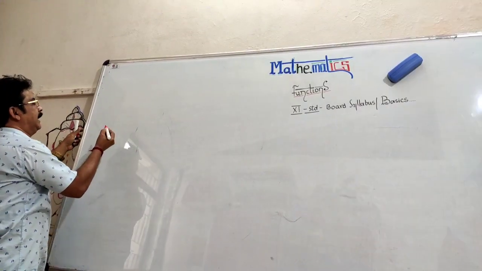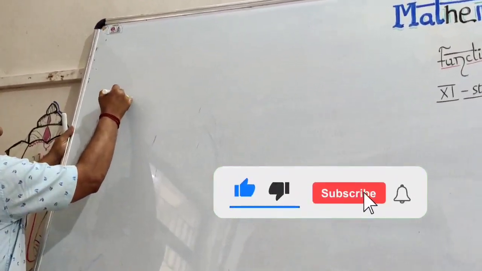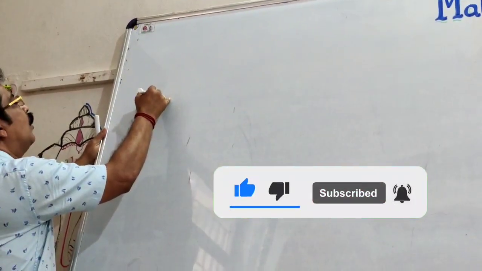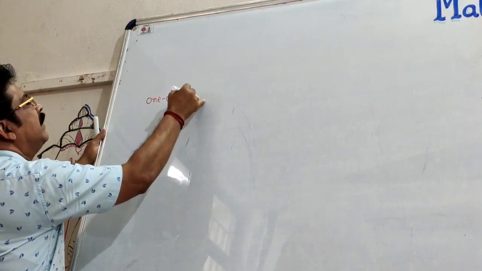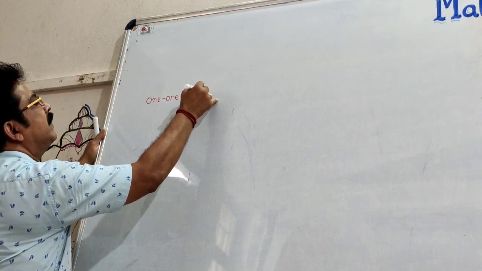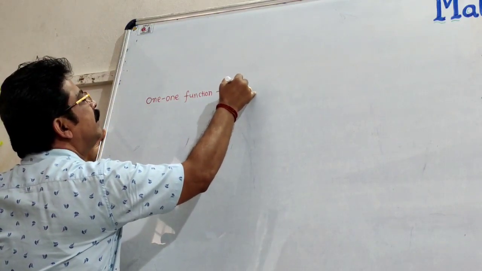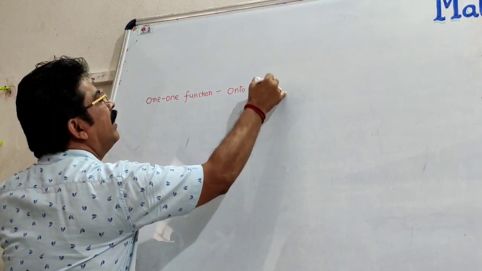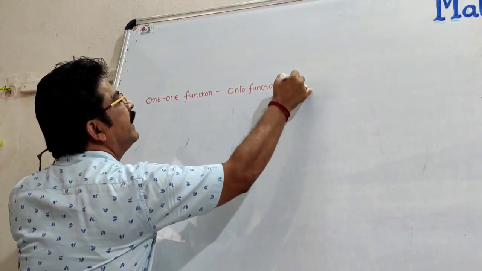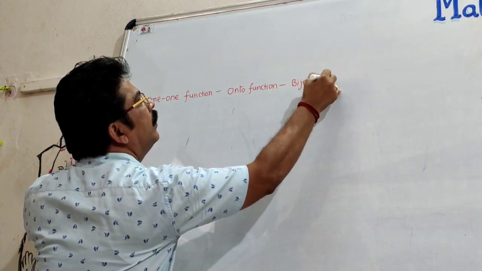Next, we deal with the different kinds of functions, namely one-one function, next onto function, next bijective function.